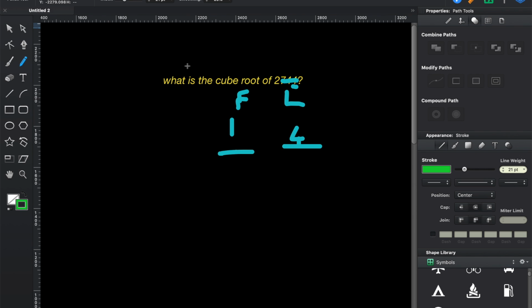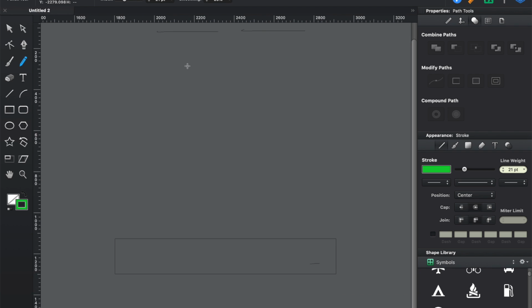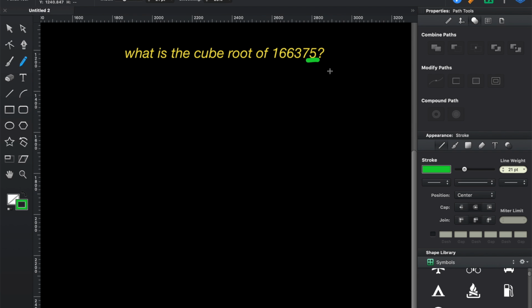So look at its last digit. It's 5. So its last digit is 5. So anyway, now we cross out these 3 numbers. So 375.